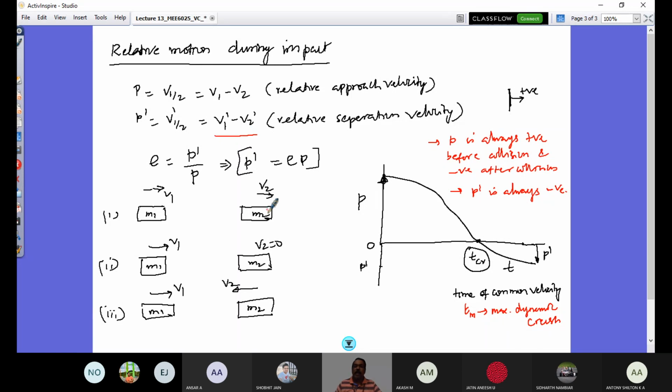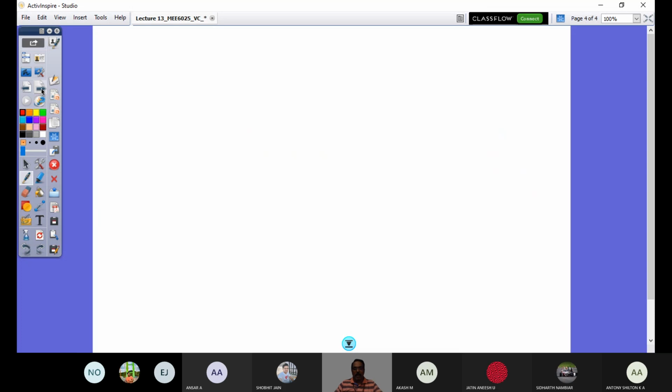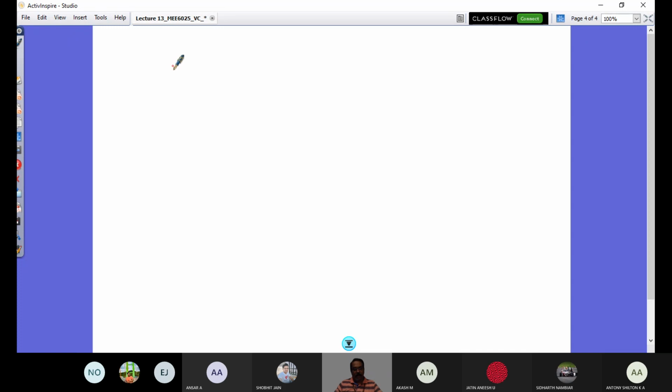So this common velocity point explains clearly the two phases of your dynamic crash event, that is the deformation phase and the restitution phase, right? The vehicle crash is at its maximum value.